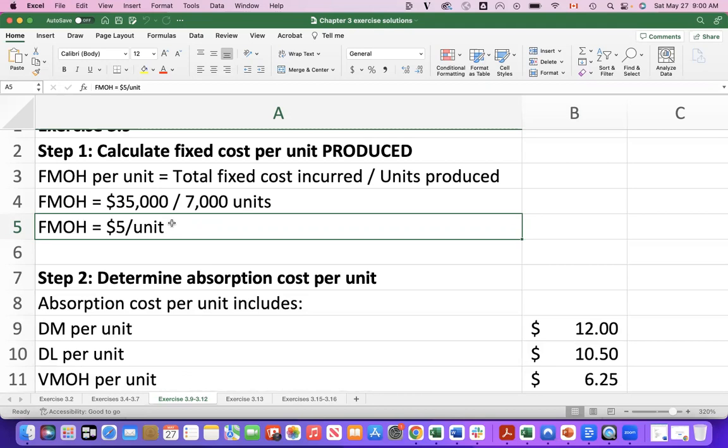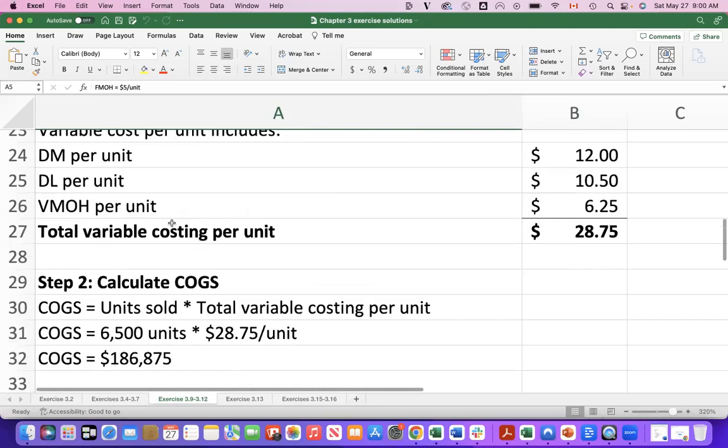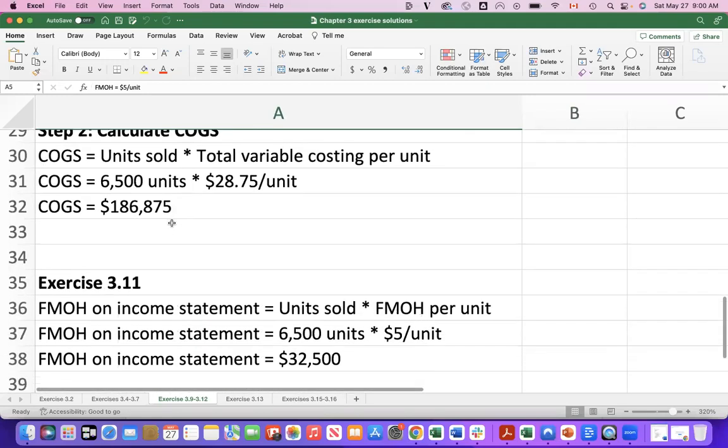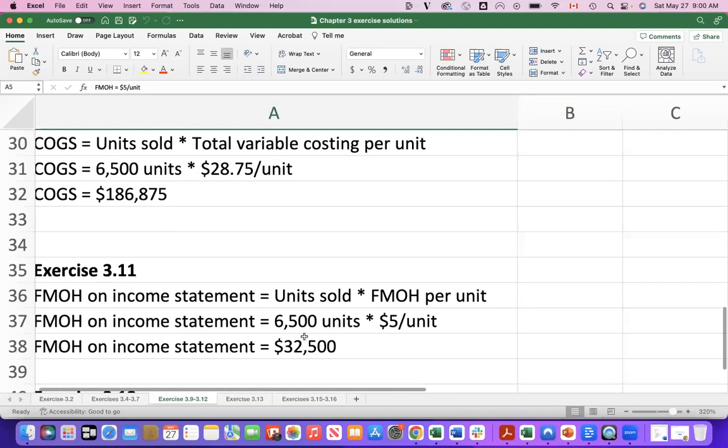It is an inventory cost, a product cost, so it's part of inventory, which is on the balance sheet. It only moves from the balance sheet to the income statement when the units are sold. Because of that, we sold 6,500 units. So for every unit that's sold, we will move $5 of fixed manufacturing overhead from the balance sheet to the income statement.